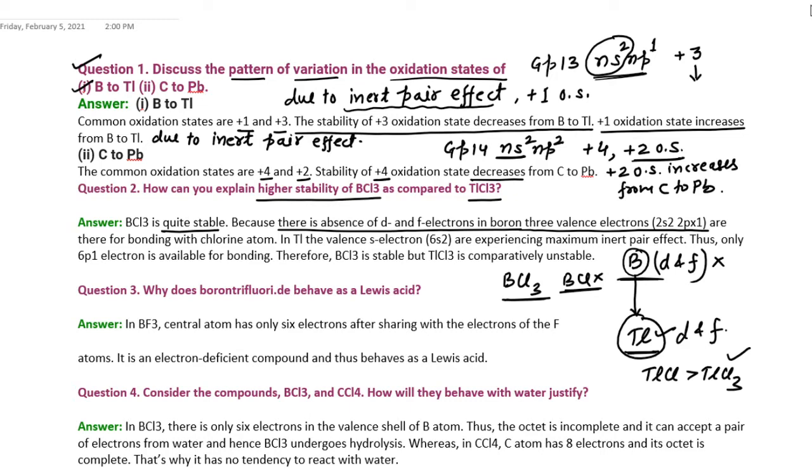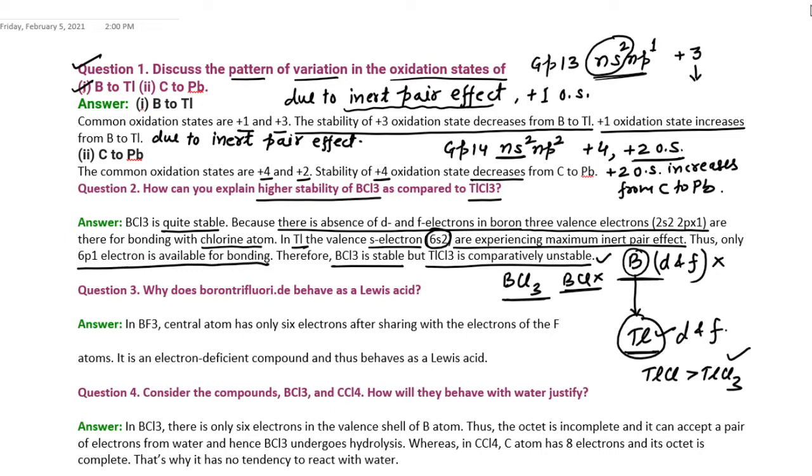Okay, and they are there for bonding with chlorine atoms. In thallium, valence s electron pair is experiencing maximum inert pair effect. That means this pair becomes inert, not participating in bonding. Thus only 6p1 electron is available for bonding, and that's why BCl3 is stable, but TlCl3 is comparatively less stable, or we can say unstable.